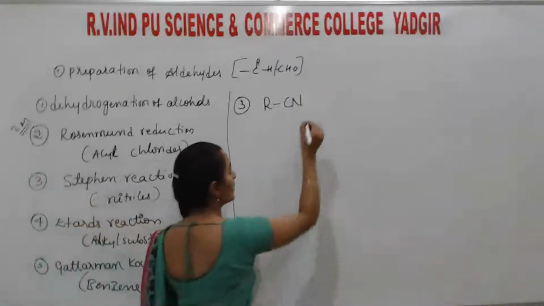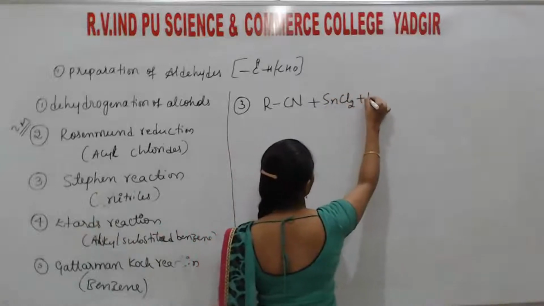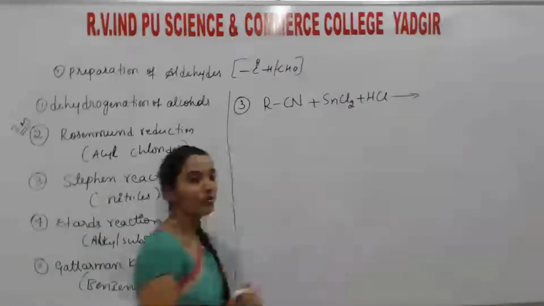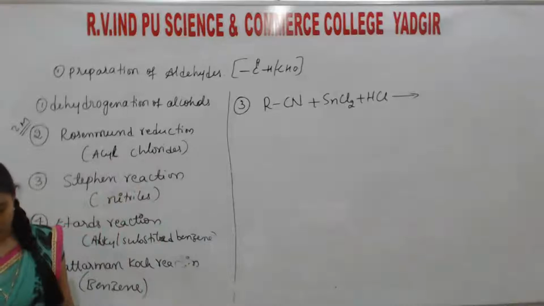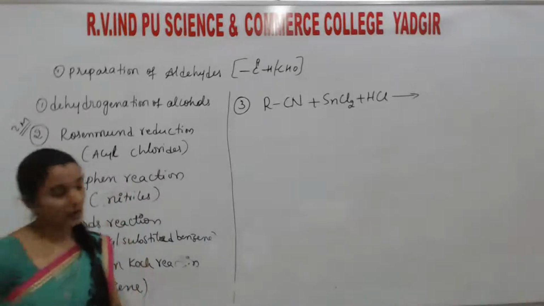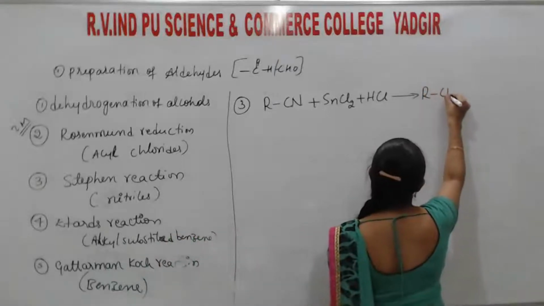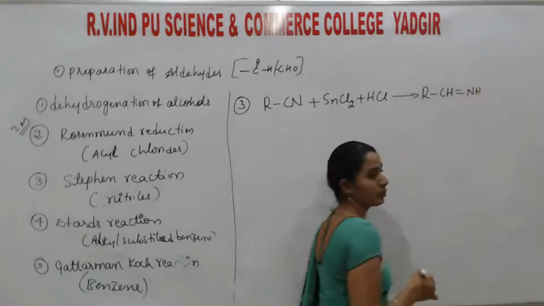They are treated with stannous chloride, SnCl2, in presence of HCl. So initially they are converted into imines. What are imines? That is R, CH, double bond, NH compounds.